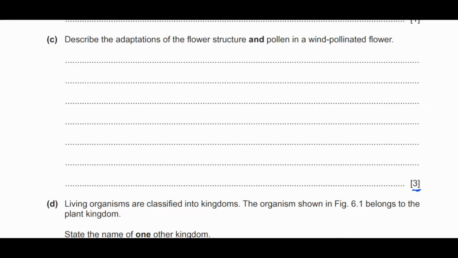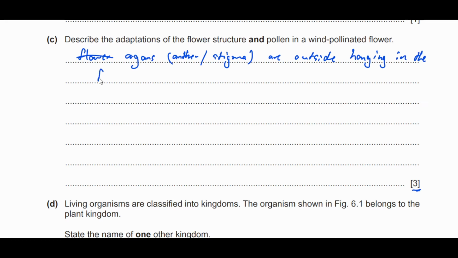Okay, let's first talk about the flower. Okay, you can say that the flower organs, for example the anther and the stigma, are outside, hanging outside the flower, right?